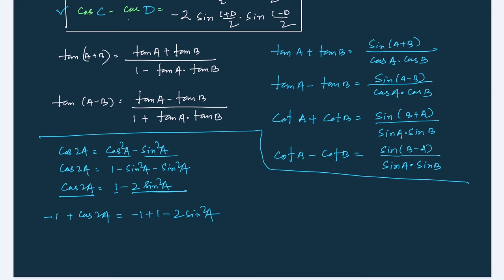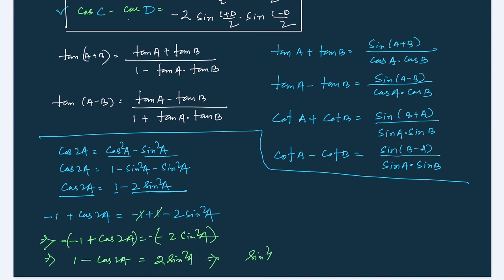So this will cancel out each other. Now minus 1 plus cos 2a is equal to minus 2 sin square a. If I multiply by minus on both sides, nothing will change. So it is going to be 1 minus cos 2a equal to 2 sin square a.